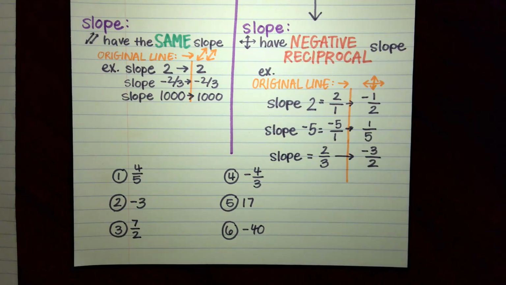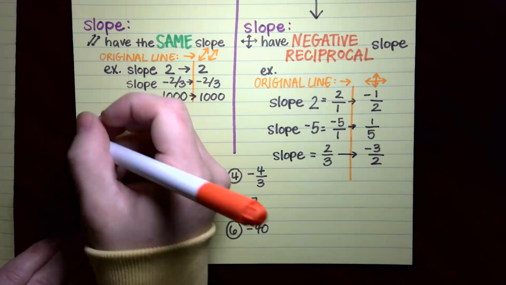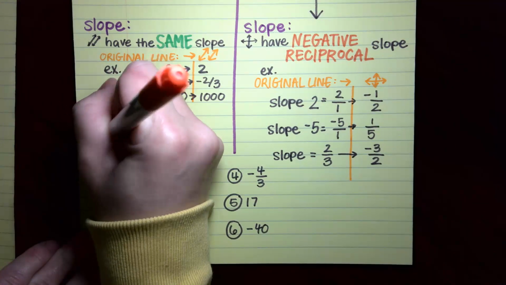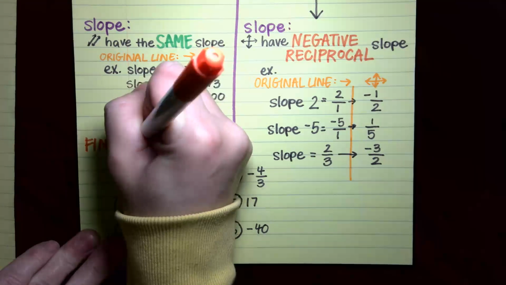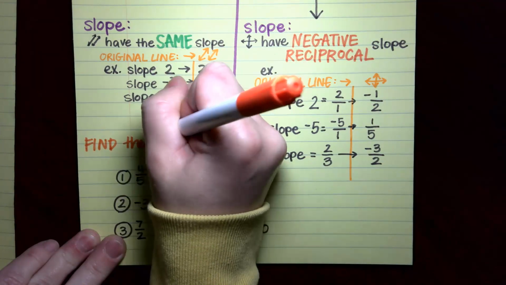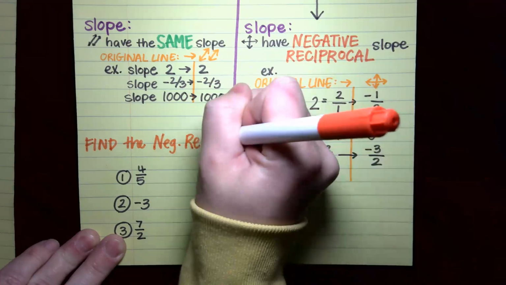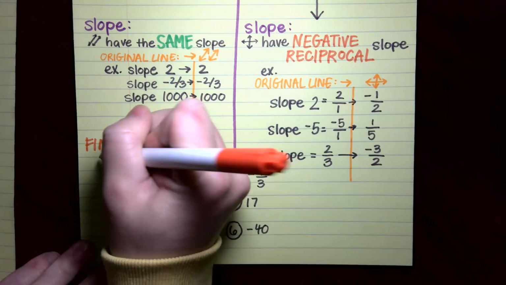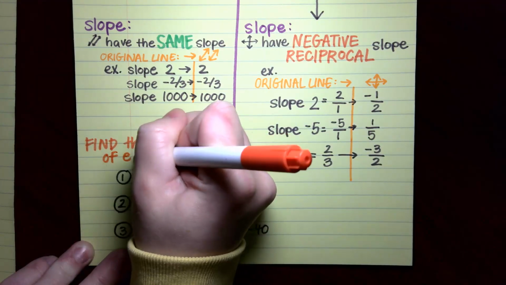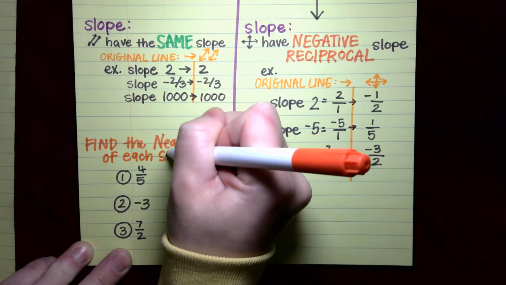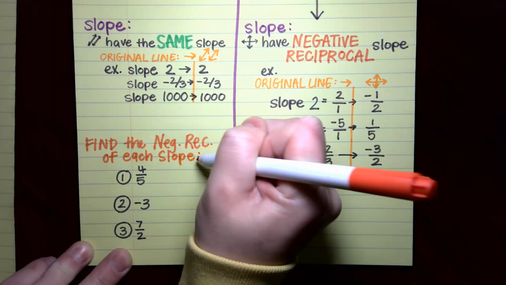All right, so I'm going to label this: find the negative reciprocal, and I'm going to abbreviate here, of each slope. Okay.